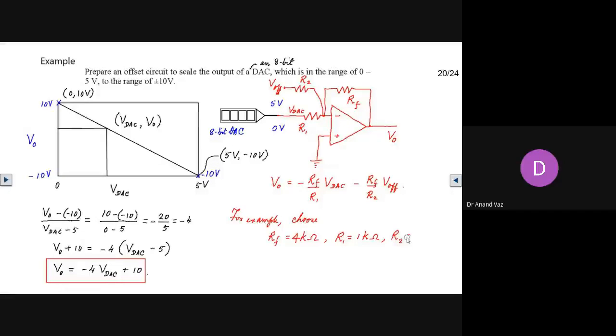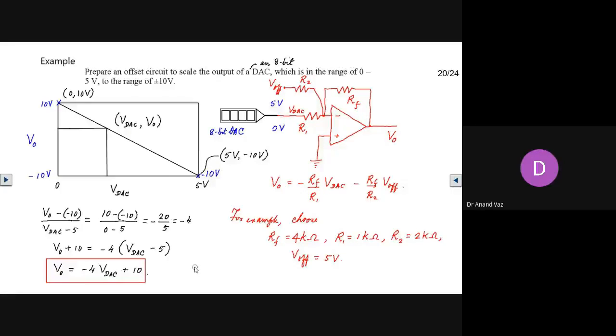So you can take this R2 as equal to, so this is 4 divided by, let's say you take this as 2 kilo ohms. Then V offset will actually have to be equal to 5 volts. So we will have to choose V offset as equal to 5 volts. So this will produce this desired effect.